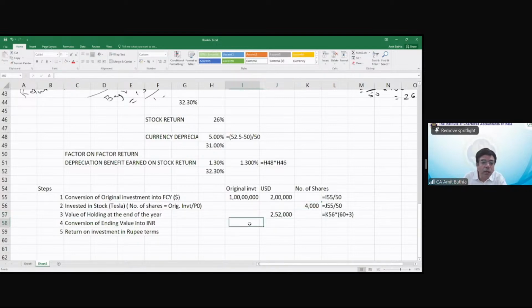Now let us convert this into INR terms. So 2,52,000 into, what is the rate now? What is the rate as on the ending value? What was the INR rate? 52.50, right?